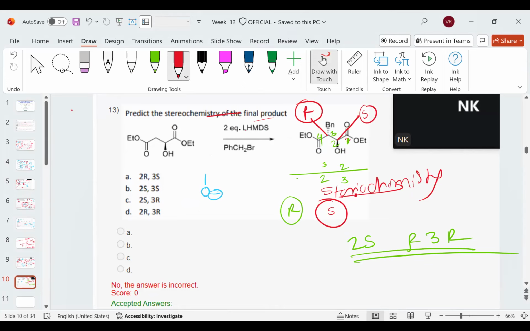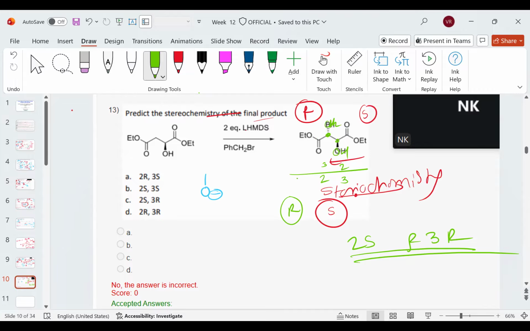Yeah, right. We have to select the longest chain, then go by priority. From this direction, this group is common, and from this side also this group is common. Then what about the next carbon? The next carbon has the CH2 group attached, and in this position the next carbon has the oxygen group attached.